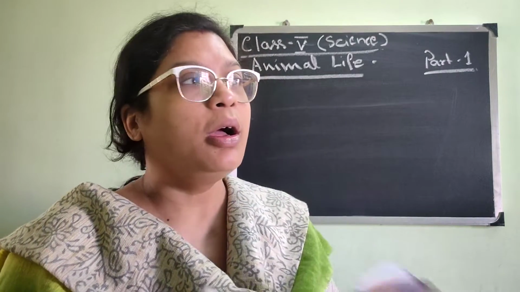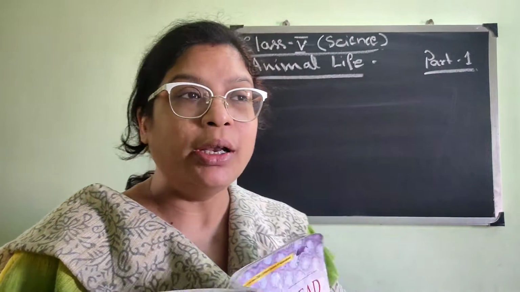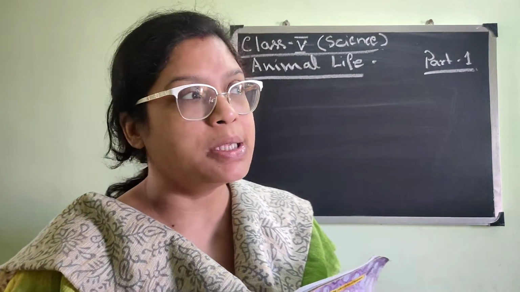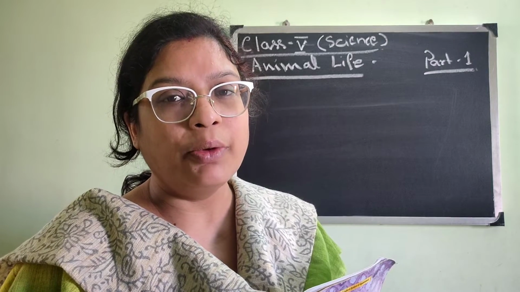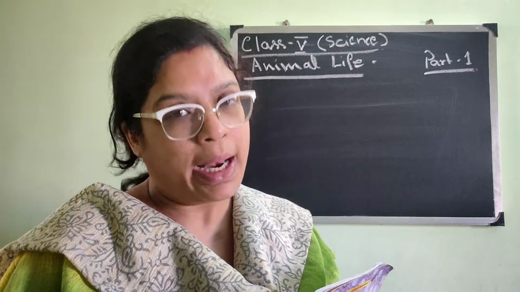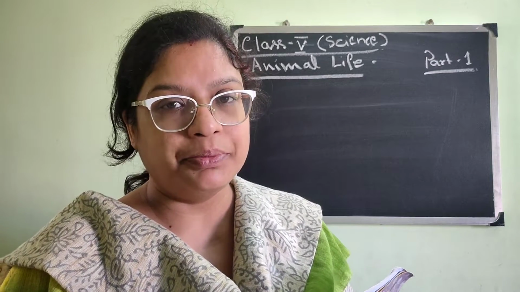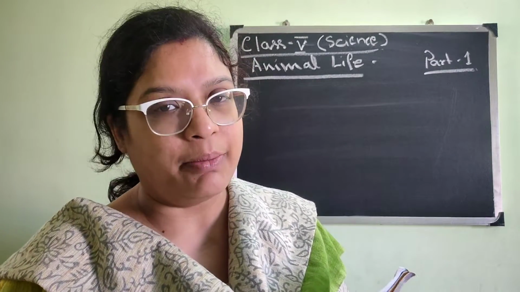Now we know our entire living world is divided into two different parts. One is human and another one is animal life, isn't it? Human life, plant life and animal life.